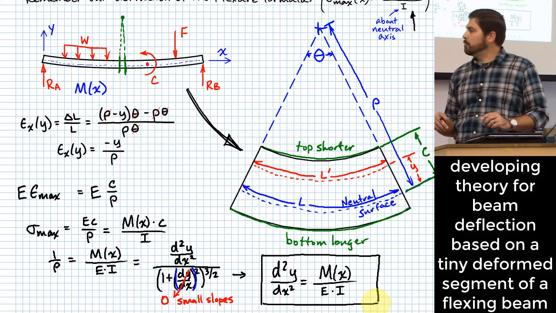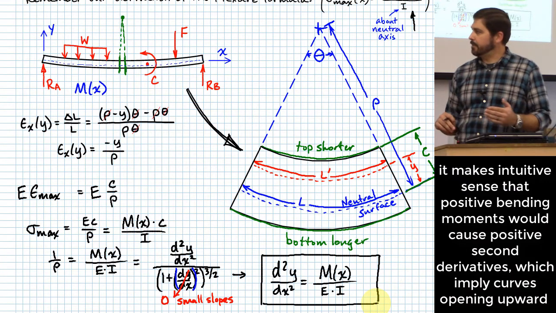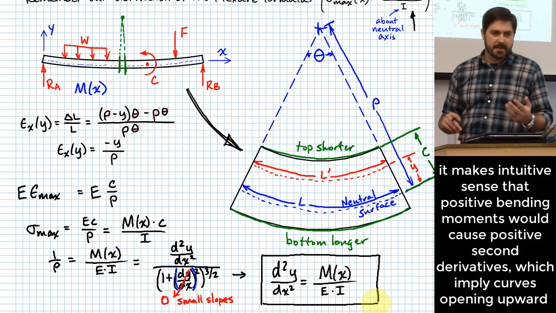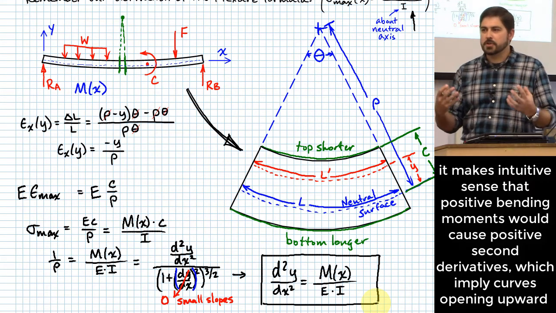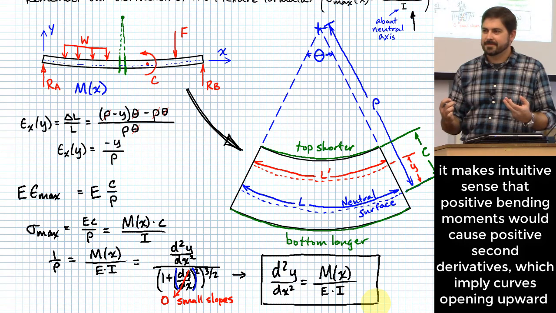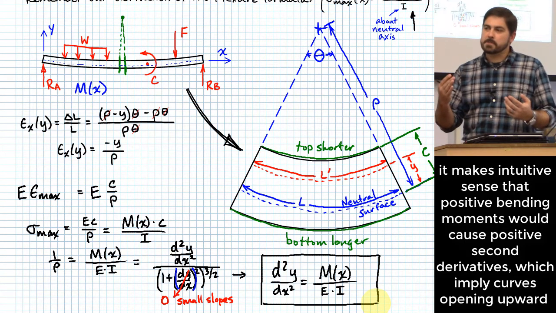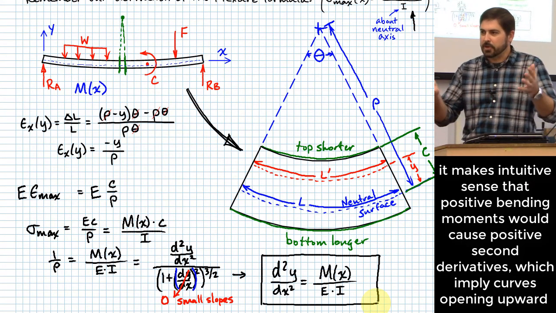Before I move on and start doing that, let me mention that this makes sense. What does the second derivative mean to you graphically? If you have a positive second derivative, what does that mean as far as the shape of your curve?